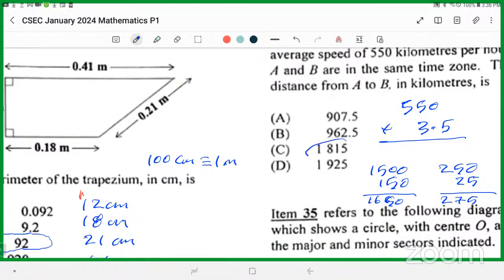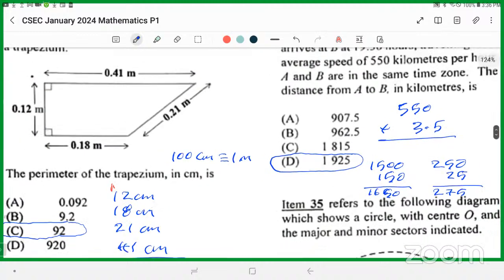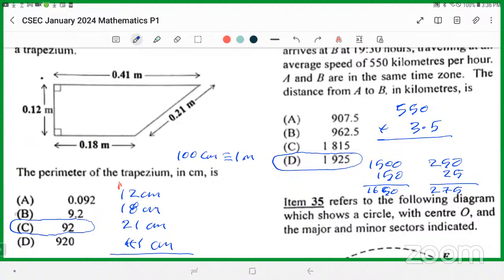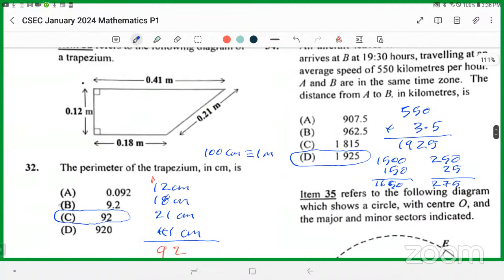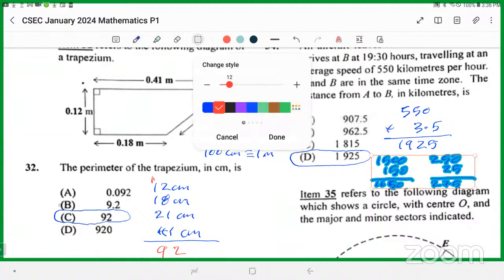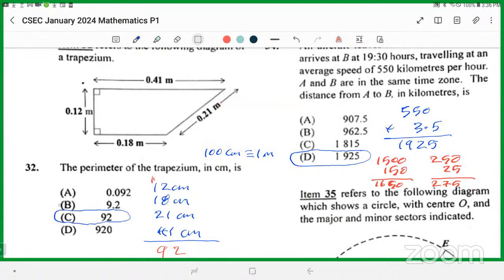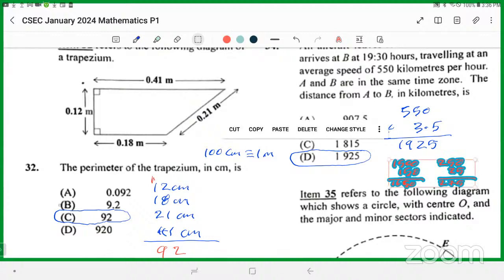So this answer must be the last one. If you multiply these you get the same answer, 1925. In the exam you can use a calculator, but you have to use these ingenious ways of doing it quickly. So 1925 kilometers.